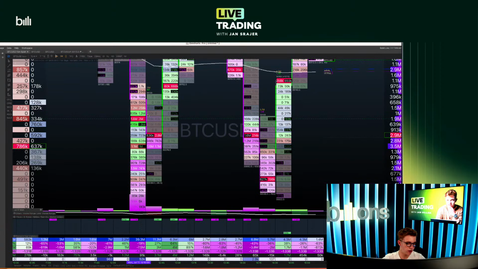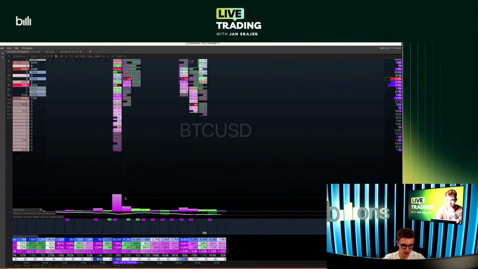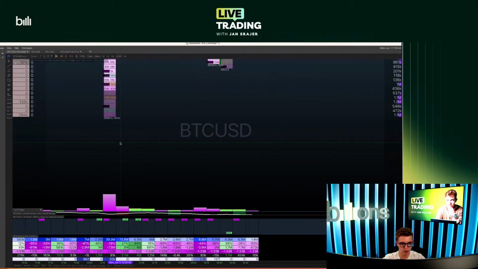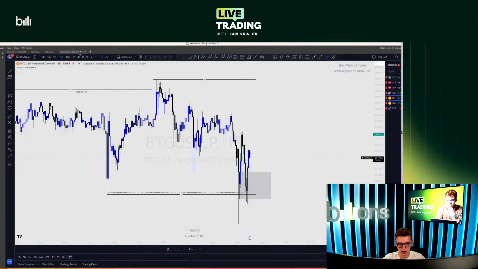This is definitely not one of these perfect cherry-picked examples. Absolutely not. But we got a POC, we got a trade value area, we got a volume injection, we got a T size. So all the things that we wanted to see are here. But once again, the trade value area isn't perfect. But for me, it was a reason to take a trade.